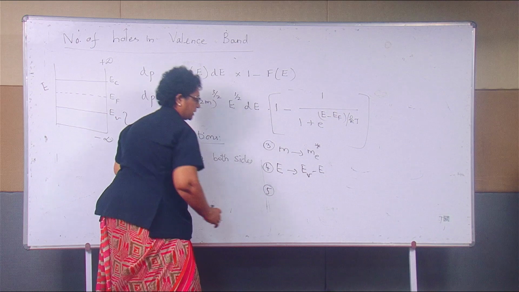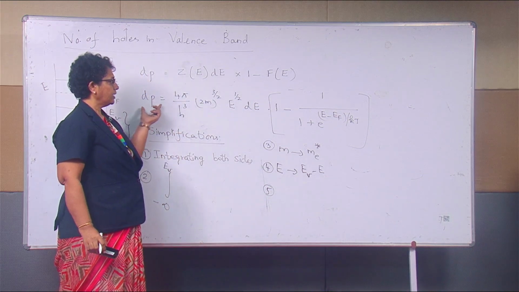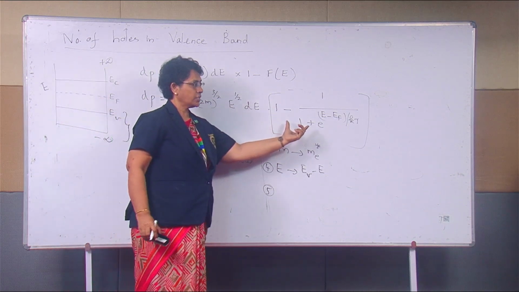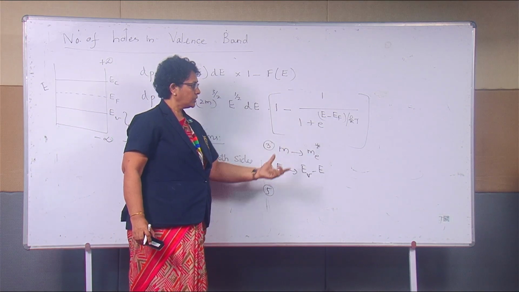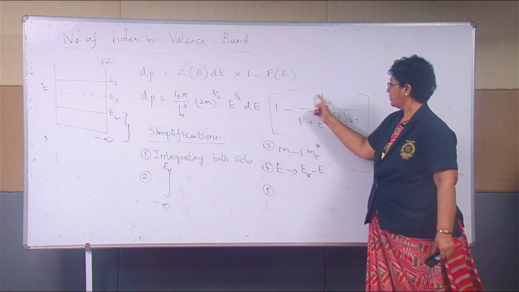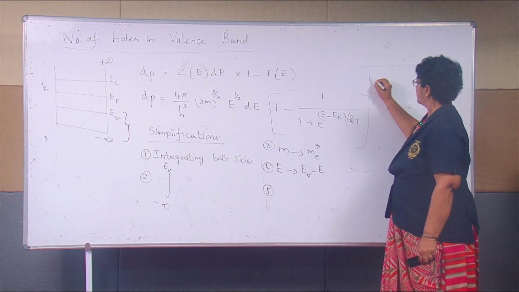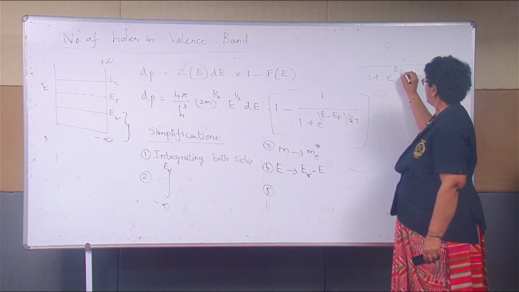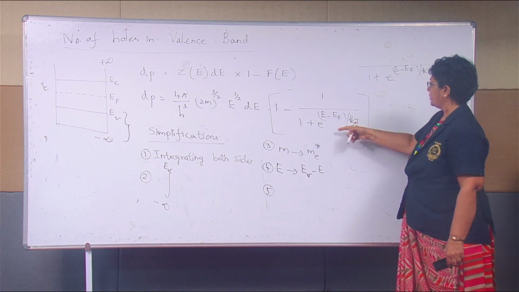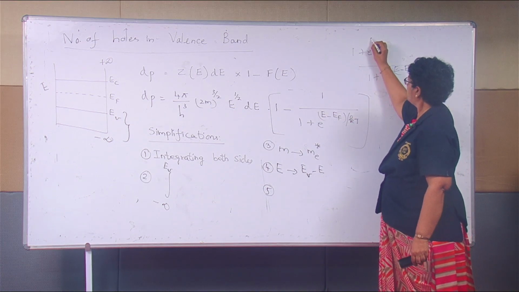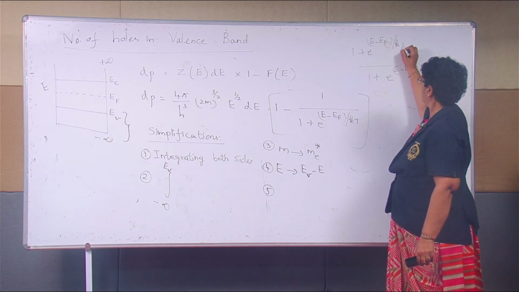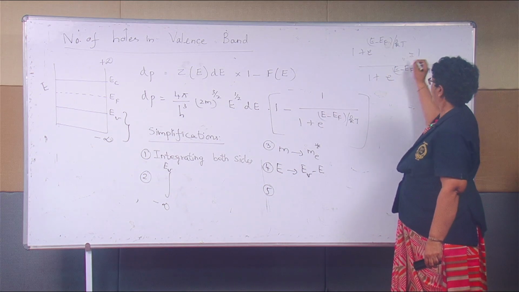And the fifth one is, in each and every notation we have made the simplifications. The last simplification will be done here. But before this, you can simplify this. So, let us take LCM for this. 1 plus e to the power of E minus EF by KT, minus 1.